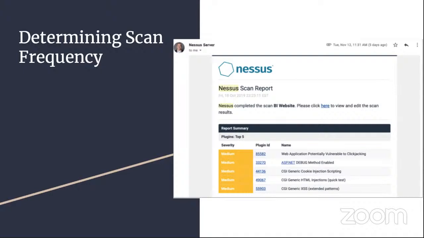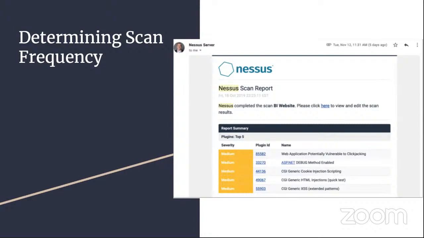There's regulatory requirements. There are certain laws that have to be followed that dictate a minimum number of scans. There's technical constraints. Some devices just can't handle a lot of scans at once. They may crash. That might be a production system that the company or client needs. We can't crash a system. Business constraints.